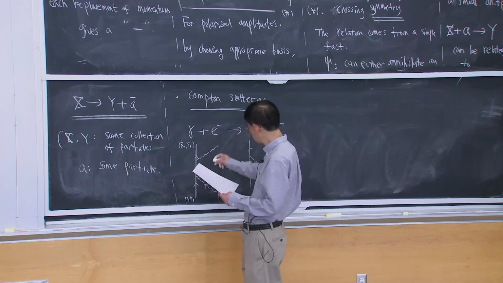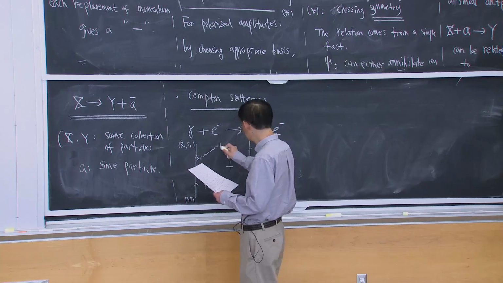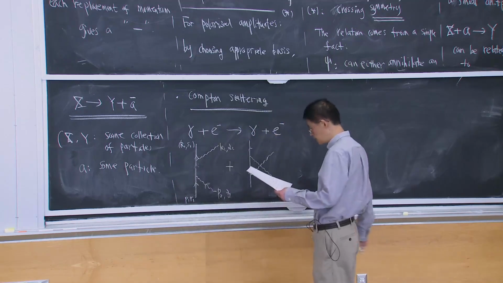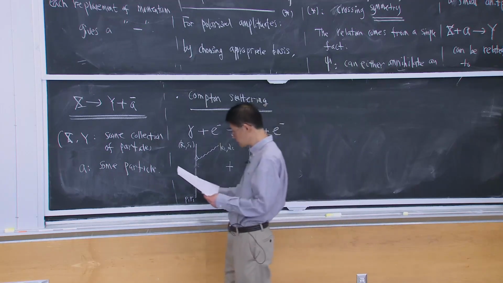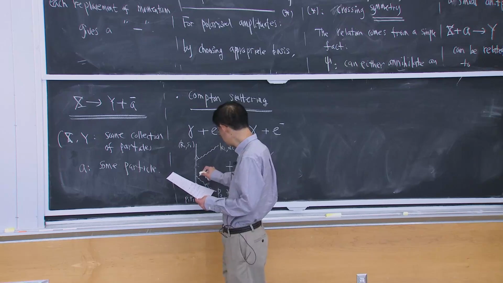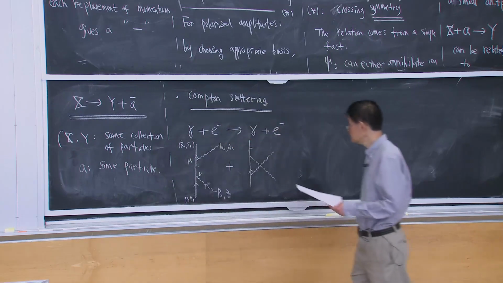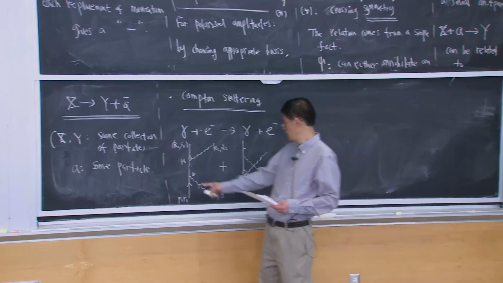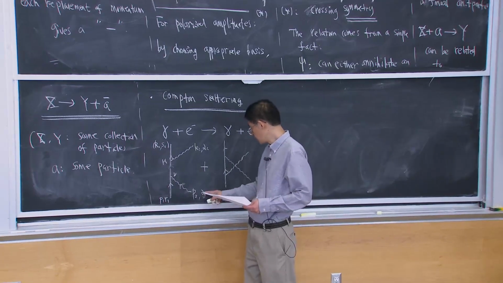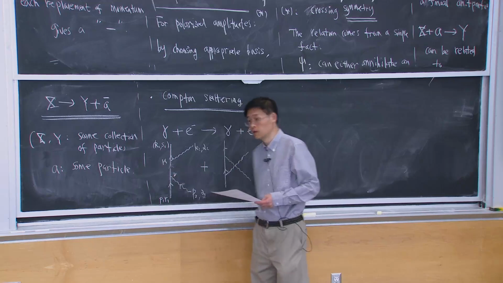And then this one, let's call it K2 alpha 2. Okay? And then let's label this index to be nu and this index to be mu, because the photon carries a vector index. The polarization carries a vector index, so there's mu here.